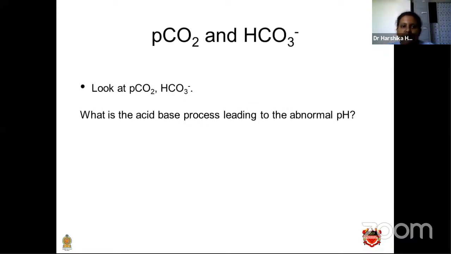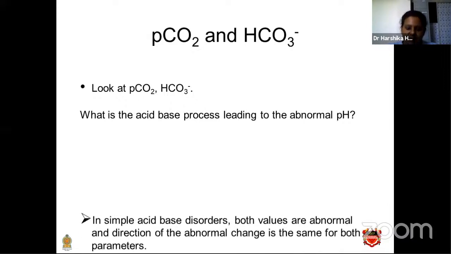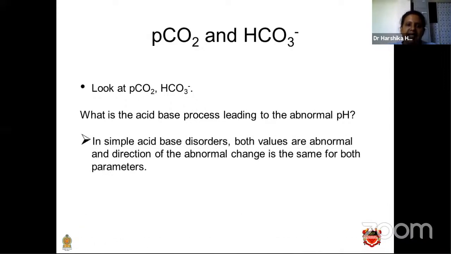Now you know from your pH whether it's an acidosis or an alkalosis. Then you have to look at your CO2 tension and the bicarbonate. So what is the acid-base process leading to abnormal pH? In simple acid-base disorders, both CO2 tension and the bicarbonate level will be abnormal, and the direction of the abnormal change is the same for both parameters.